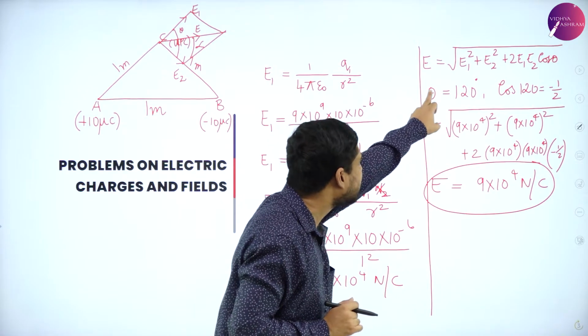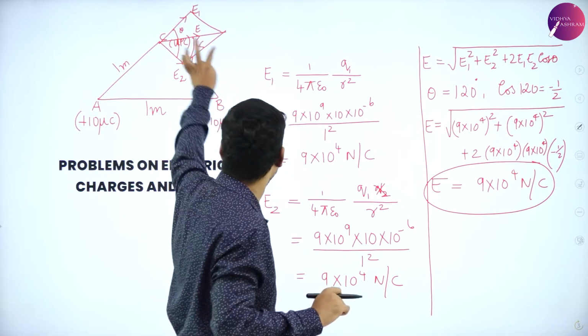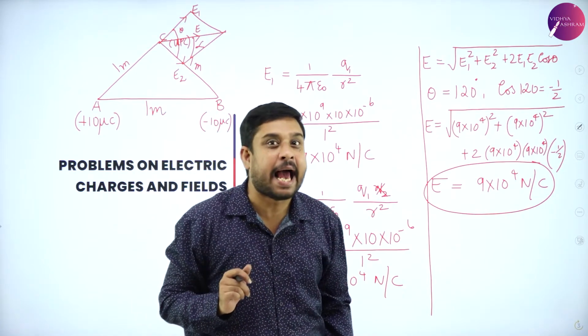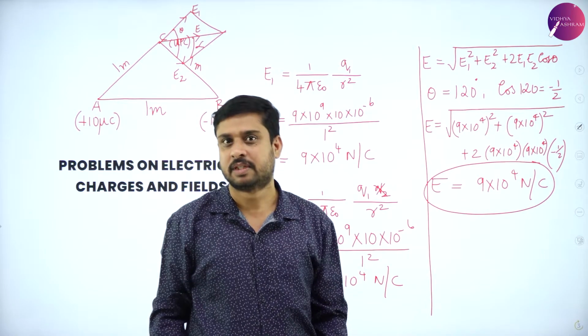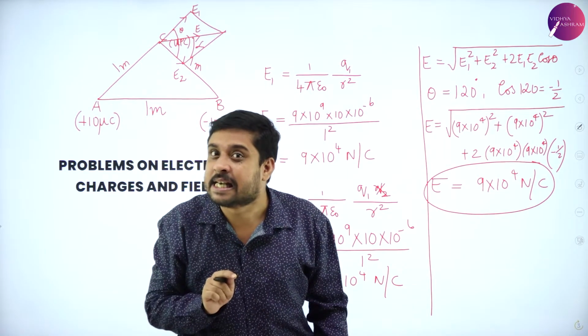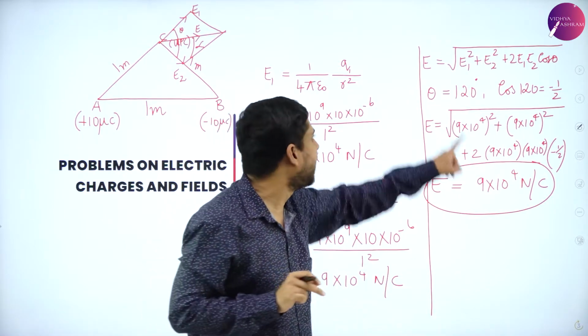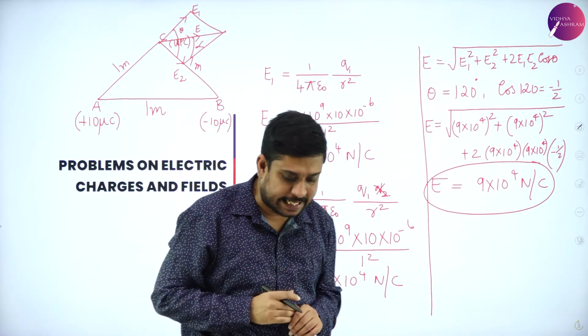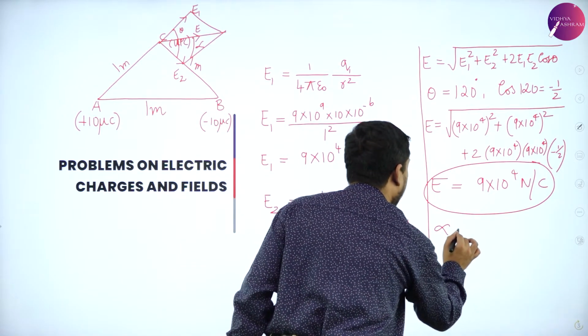So this justification of theta is important. If you observe the diagram, it is the angle between E1 and E2. It is an equilateral triangle, 60 plus 60, so 120 degrees. Now what is alpha?